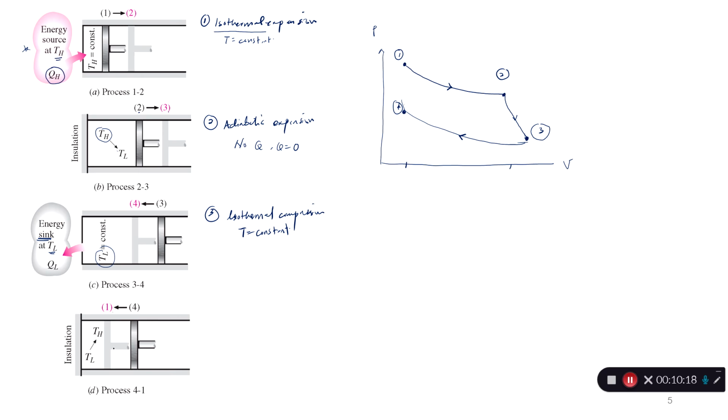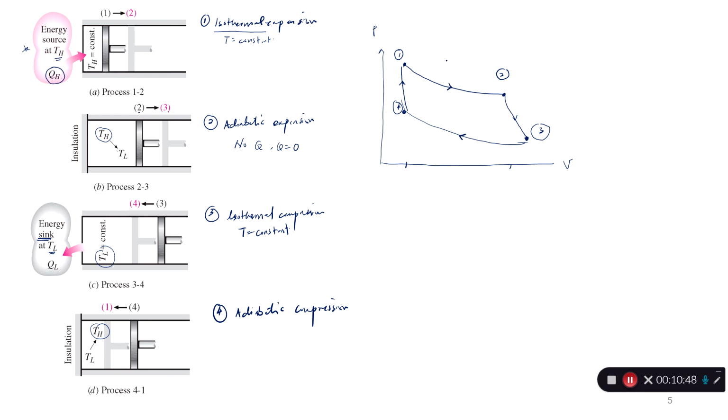It's still compressing the gas, heat cannot escape, therefore it will build up and the temperature will increase. So process number 4 is adiabatic compression, and that is the opposite of the second process. Right, so we have that.